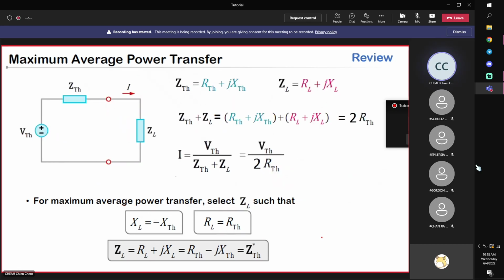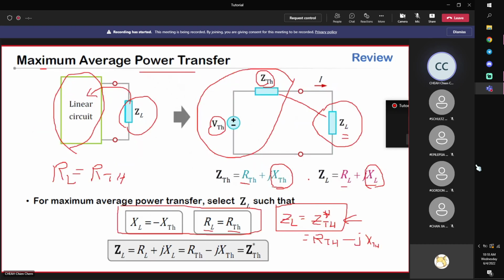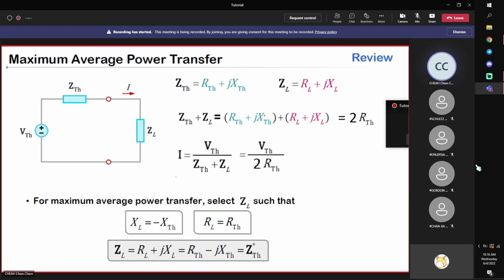Next is to look at the maximum power. So this is the matching condition. It means that my load must be equal to the complex conjugate of the equivalent impedance of the Thevenin equivalent circuit. But what is the maximum power? Take note that if your load is the complex conjugate of ZTH, then when you add them up, it is a pure resistor.